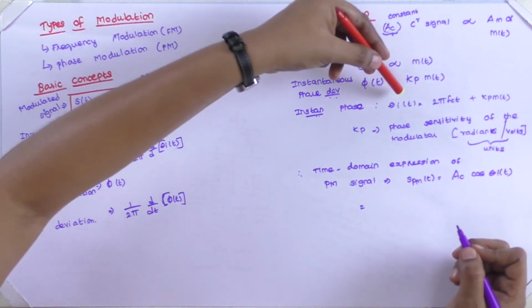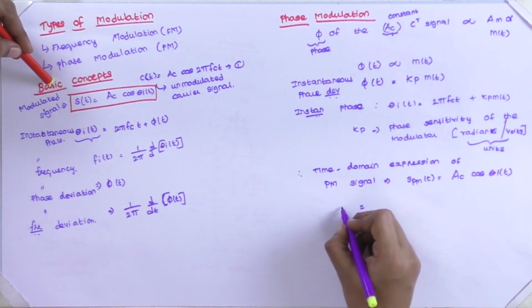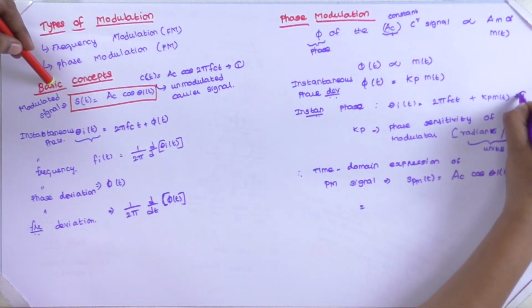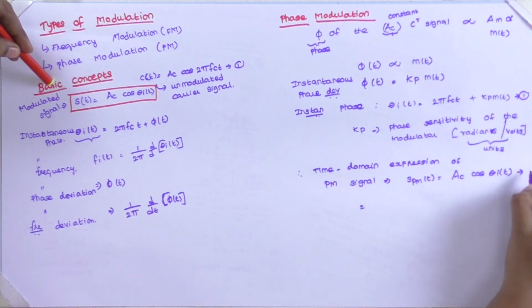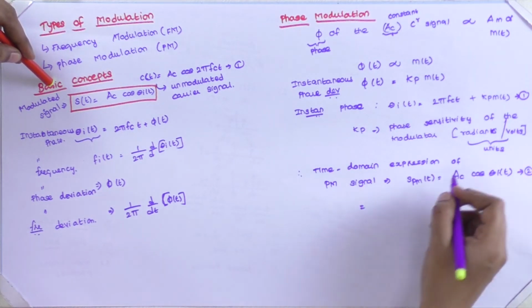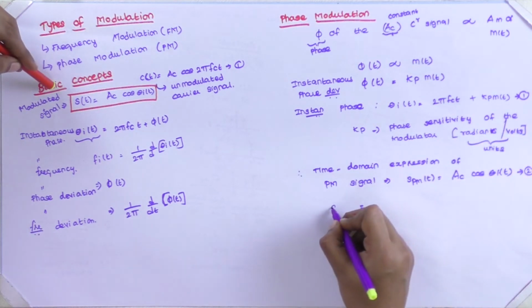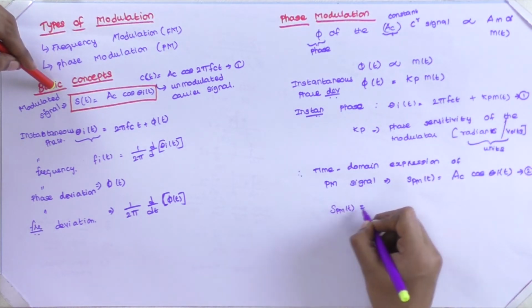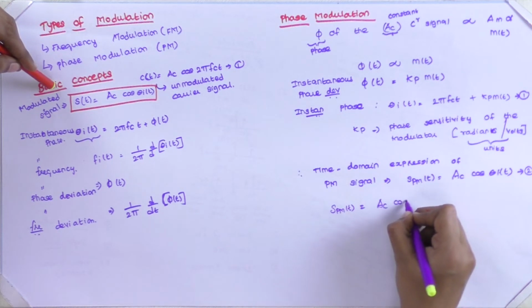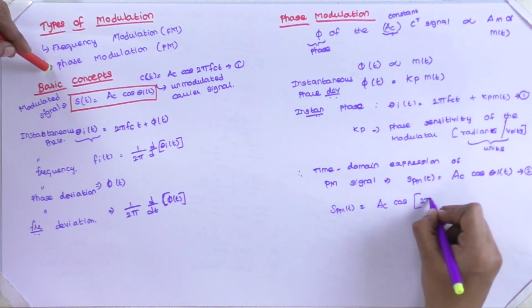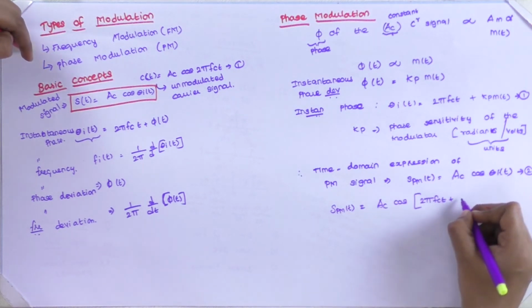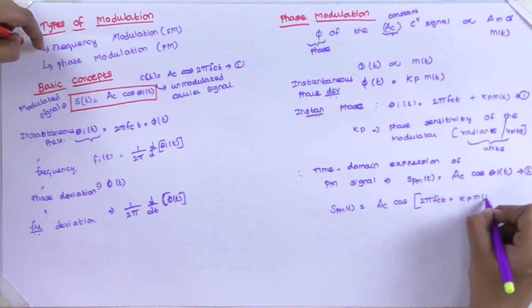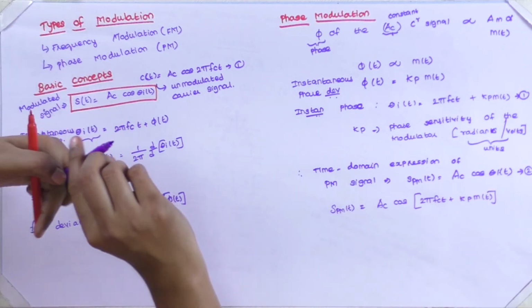We have to substitute our theta i of t in this equation. If we keep this equation as equation number 1 and this expression as equation number 2, when you substitute 1 and 2, we get s PM of t is equal to Ac cos of 2 pi fc t plus Kp m of t. So this is our final time domain expression of the phase modulated signal.